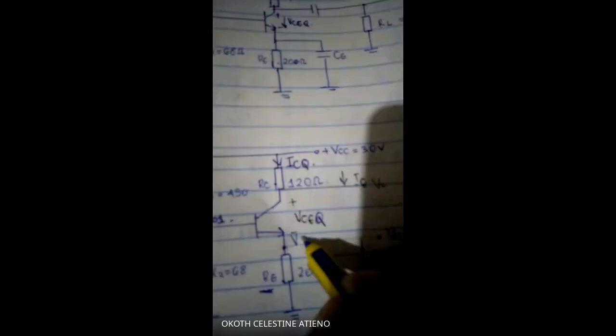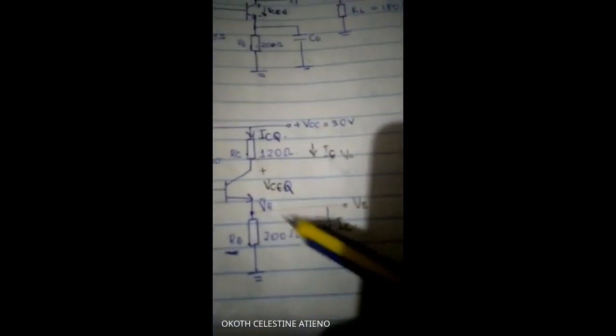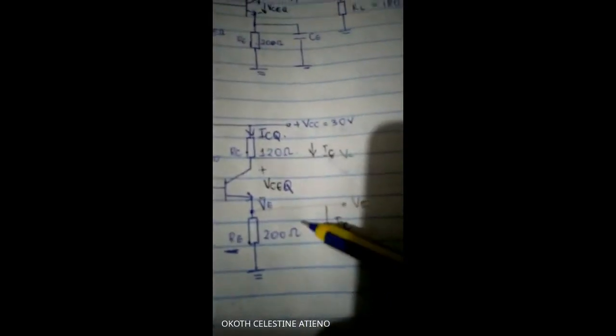So VE is here. We've found it is 3. To get IE, it's going to be VE minus 0 over 200 ohms. So that is what I did here. VE minus 0, 3 minus 0 is just 3 over 200, to get my IE as 0.15 amperes.